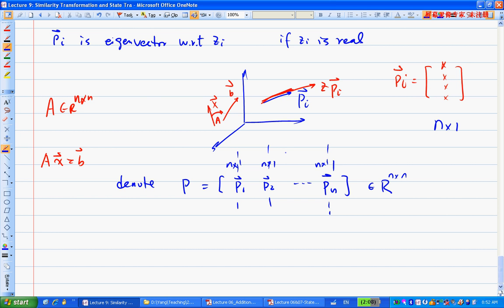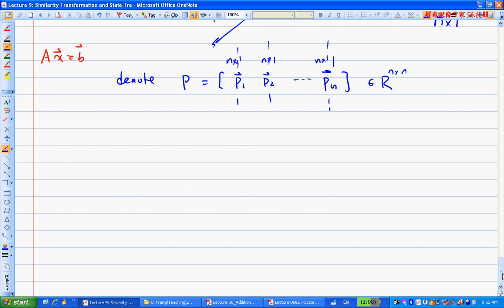Now you understand that all of them are linearly independent. What's linearly independent? I think you first come across this concept in 246. Linearly independent basically means they don't depend on each other.